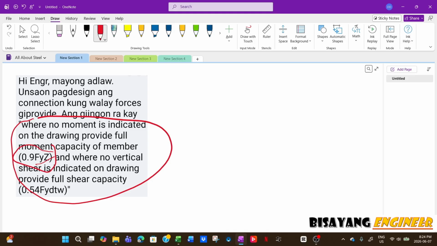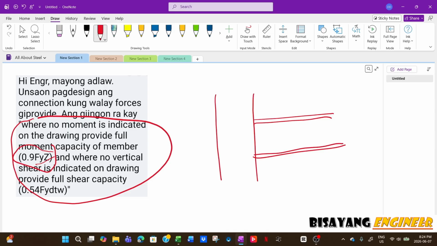if you design everything to the full capacity, for example, this is a column and then this is your beam, right? And then you will have a usual stiffener here, and then the I-shaped stiffener, and then you will have the moment plate right here.